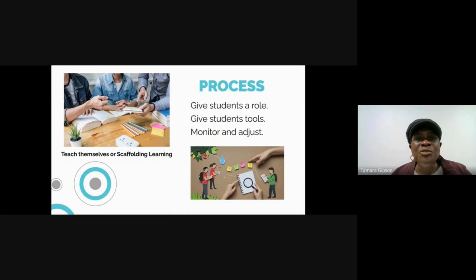Then finally, you want to monitor and adjust. You want to listen. Listening during this phase is the key. You want to listen for misconceptions, and then you want to redirect as needed. Celebrate the moments when students correct each other or build on each other's ideas. That's really the magic in this particular skill.